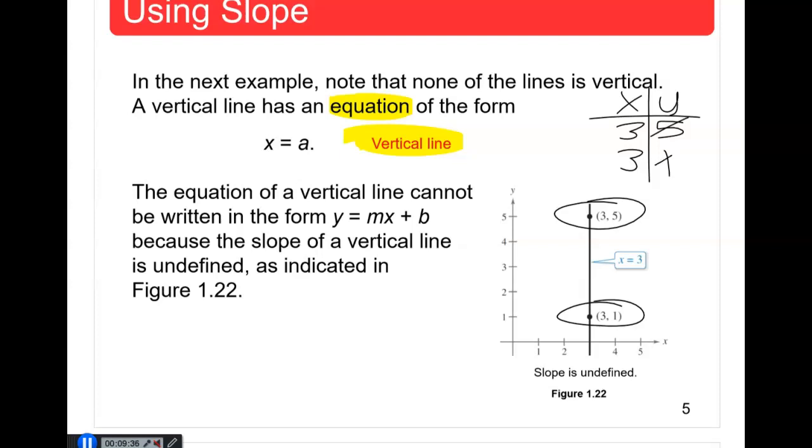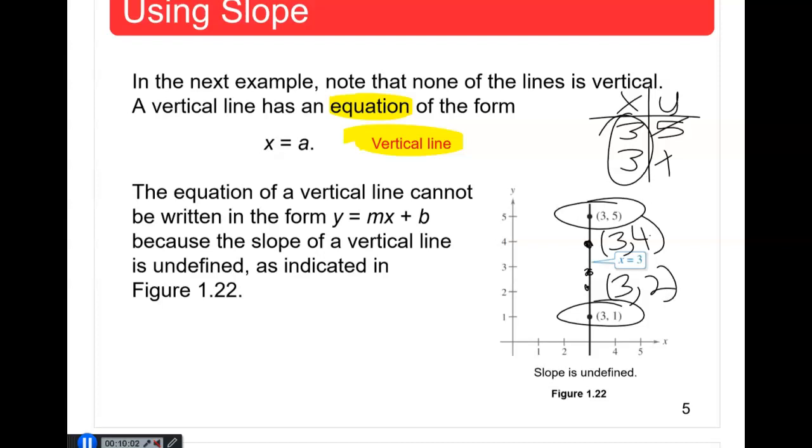It doesn't really matter. The x will always be 3. So any point that we pick on that same line is going to have the same x value. And when the x values repeat, that's why I say it's not a function, but we will cover more of that.